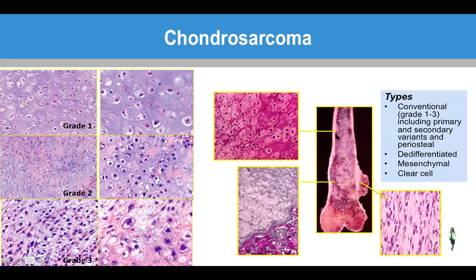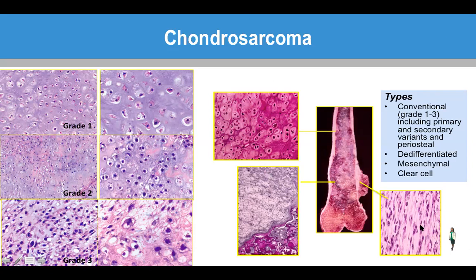Over here, you have some low-grade to intermediate-grade cartilage, so that's a chondrosarcoma. And over here, there's no cartilage at all. It's an undifferentiated spindle cell malignancy. If you just evaluate the sample on those two, you're going to call this chondrosarcoma.